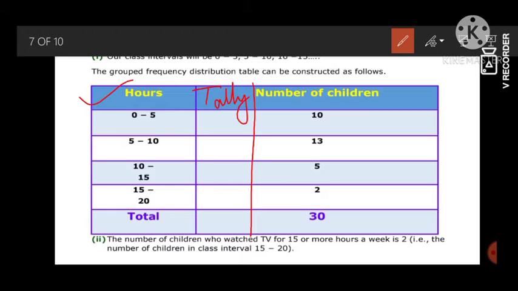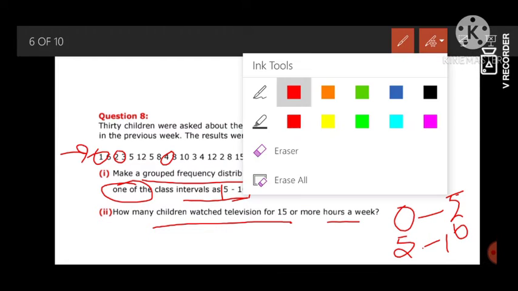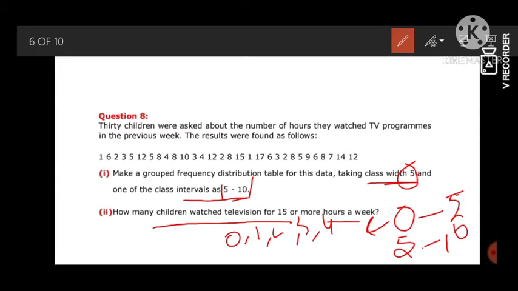From 0 to 5, let us see how many children we get. So first interval is 0 to 5. 0 to 5 means we will consider numbers like 0, 1, 2, 3 and 4. These 5 numbers we will consider.